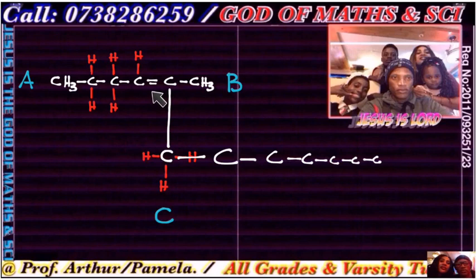You might find that there is a longer chain also here that does not include the double bond. It does not mean the one with the double bond is the longest chain. You might have the longest chain, but finding that it does not include the double bond, we don't take it. You get it?